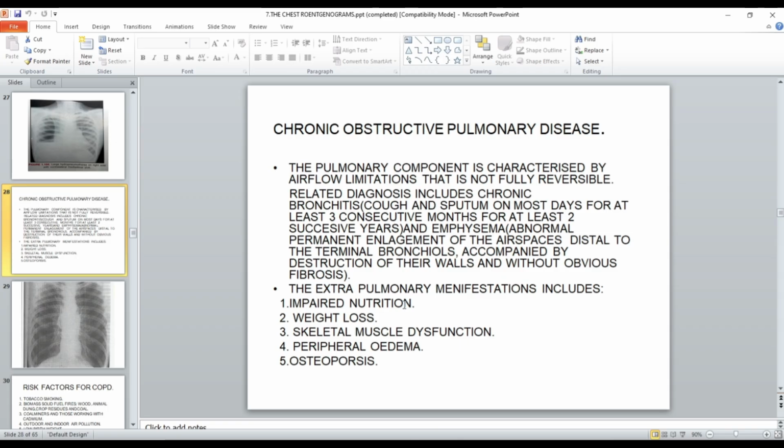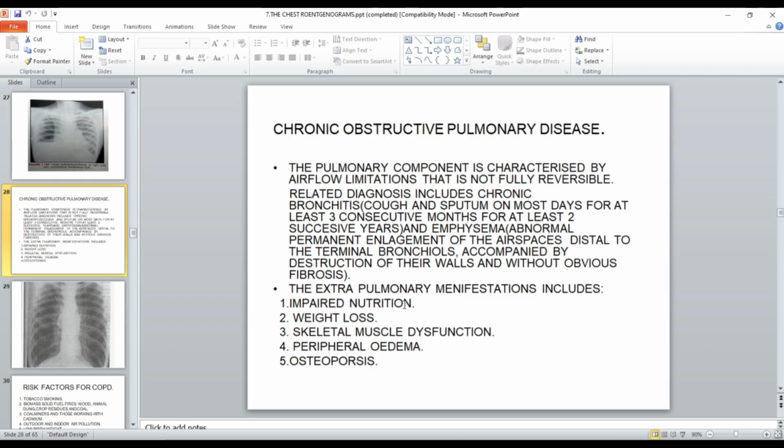And emphysema, that is abnormal permanent enlargement of the air spaces distal to the terminal bronchioles, accompanied by destruction of their walls and without obvious fibrosis.